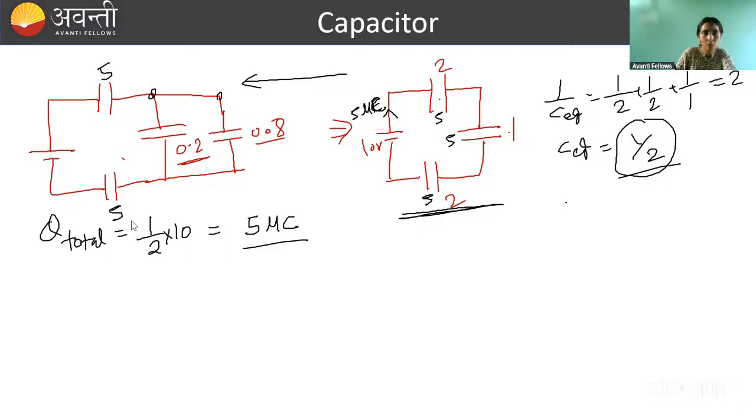To this and this together, I gave how much? 5 microcoulomb. This 1 microfarad is what? This is the combination of 0.2 and 0.8. And on this combination, how much charge is there? 5 microcoulomb. So let's talk about this combination. What will be the potential difference?